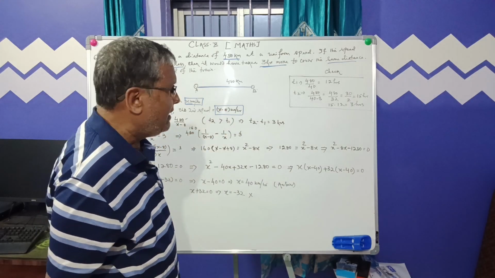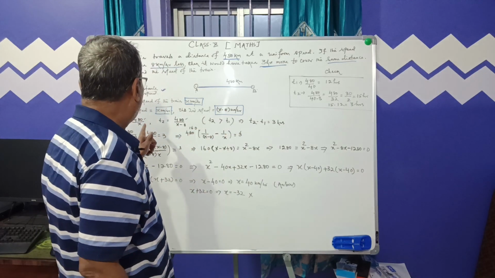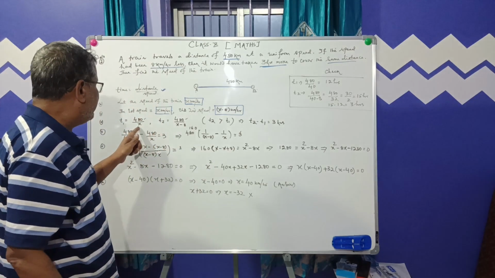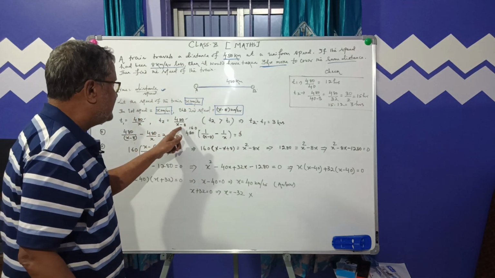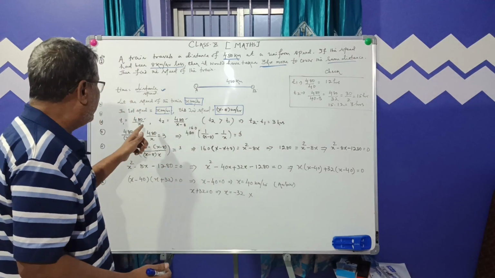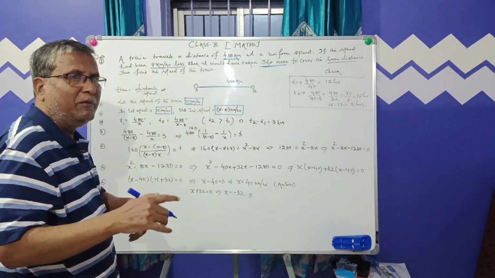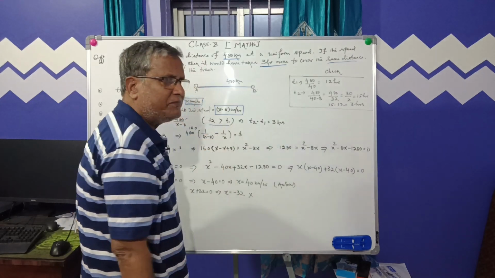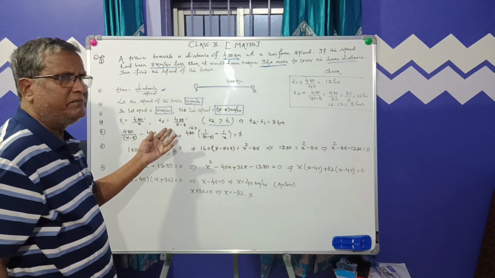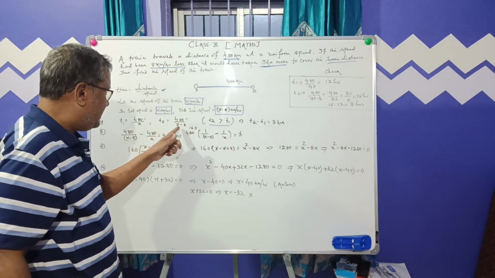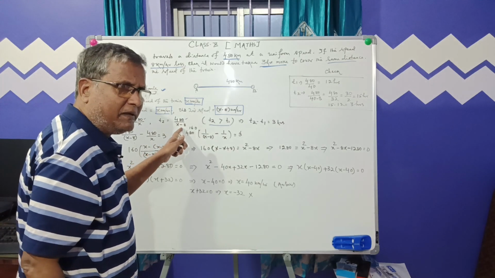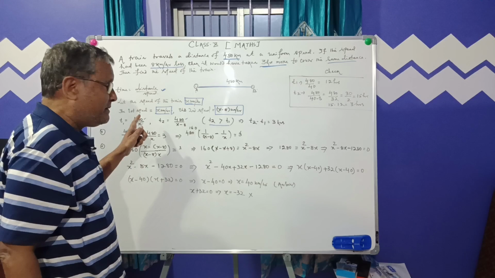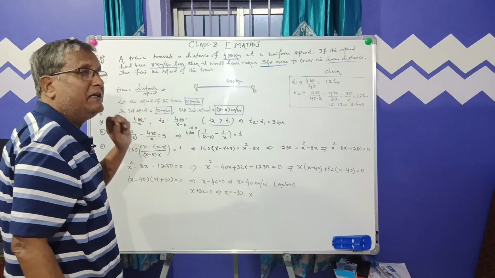Very simple. Now think of which time will be more. Here the speed is less, so time will be more. And here the speed is more, so time will be less. This is the concept. Less speed, more time; more speed, less time.